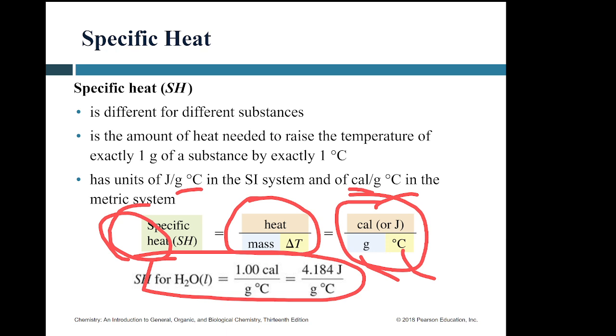But anyways, this is water right here. It's probably the most important specific heat. So if you're going to memorize any specific heat, that would be the one to do it, or have it written down somewhere. It is the definition for specific heat. Anybody realize that? That's the definition of the calorie, isn't it? 1 calorie raises 1 gram of water 1 degree Celsius.